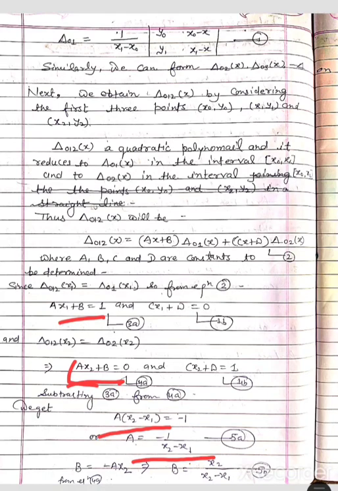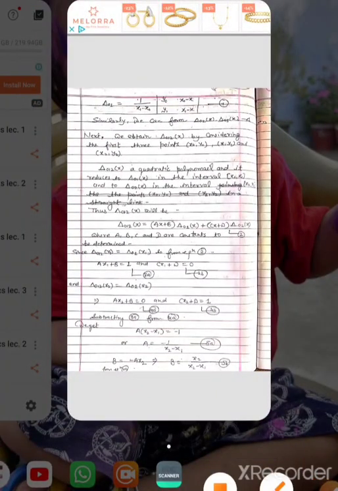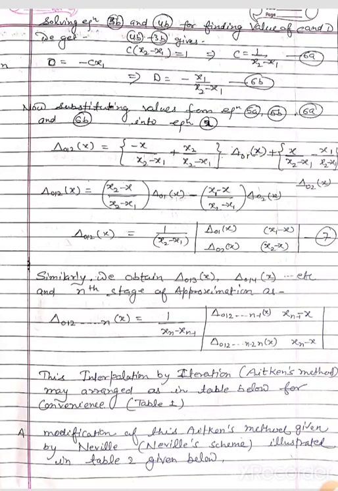Similarly, we can solve equation 3b and equation 4b for determining the values of capital C and capital D. By solving equations 3b and 4b, we obtain the value of capital C as 1 over x2 minus x1, and the value of capital D equals minus x1 over x2 minus x1.